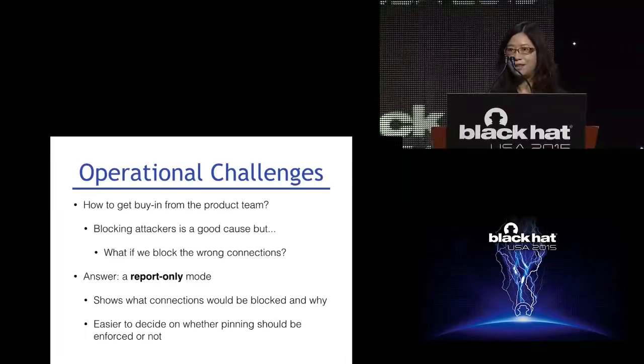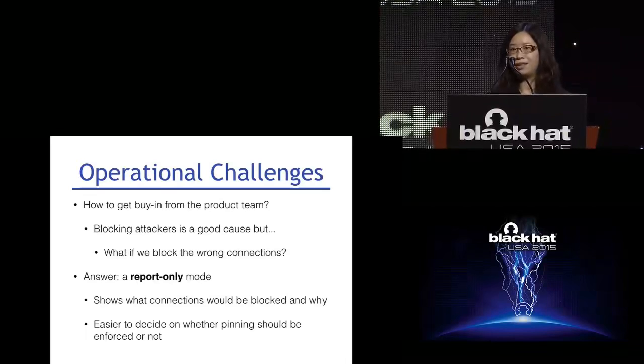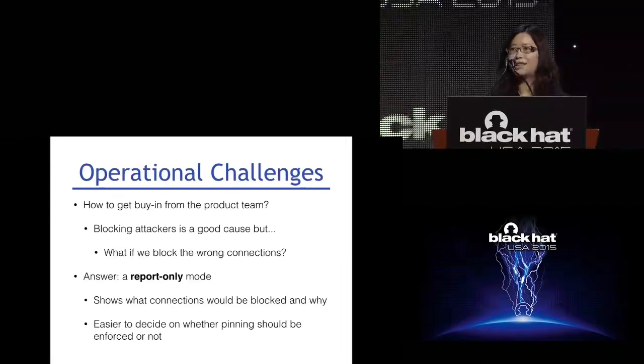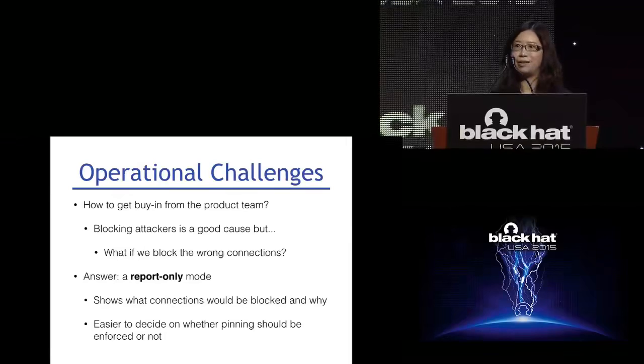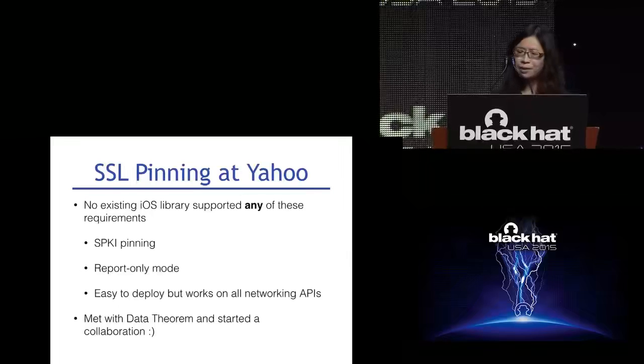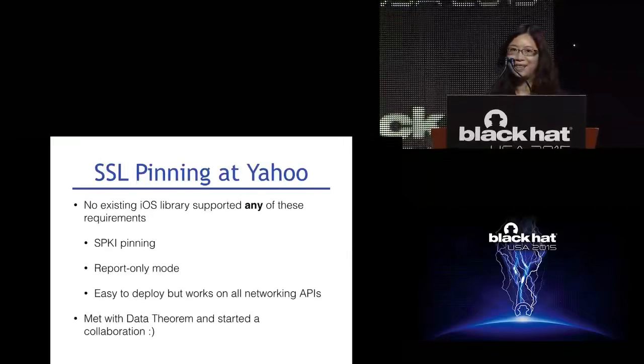That way we can gather the data first to see what we would have been blocking before we actually enforce the blocking. And so business can decide with the data that they gather whether this is a good decision or not. And so there's no existing iOS library that does all these 3 requirements that I need.